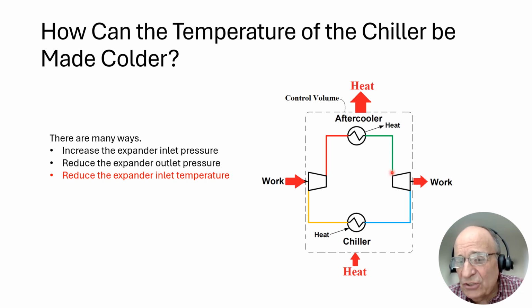So the pressure ratio does not get affected very significantly as you raise the inlet pressure, but it does get significantly impacted as you lower the outlet pressure. So if I lower the outlet pressure, I can certainly get more work out and get a colder temperature. That's one method, but one of the problems there is the lower this pressure gets, the larger this compressor has to become because the density of the nitrogen going into it decreases.